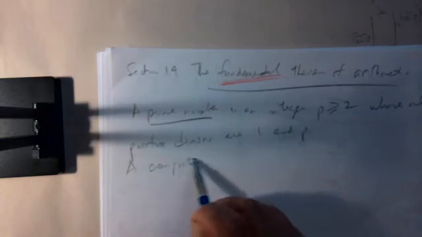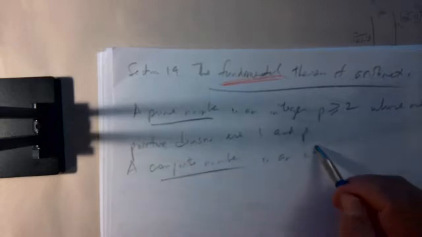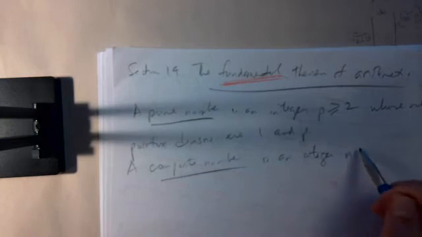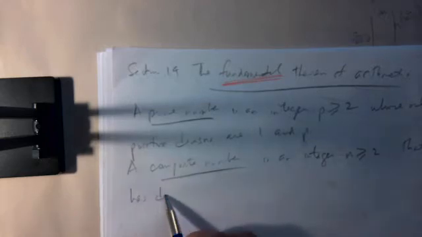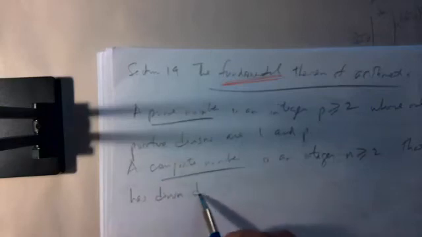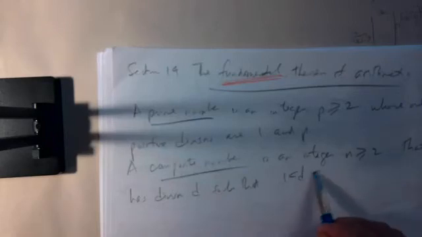And a composite number is an integer n, again, it has to be at least 2, that has a divisor d such that d is strictly between 1 and n.